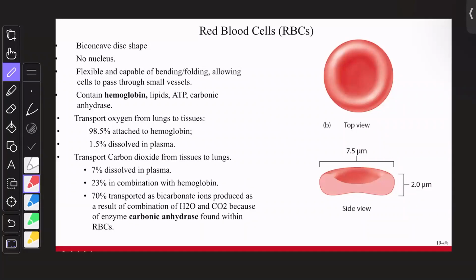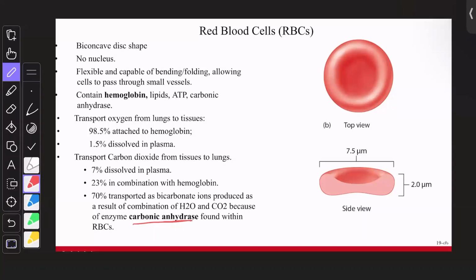Which means that we have to take that carbon dioxide and convert it into bicarbonate. We do that through a reaction that uses an enzyme, carbonic anhydrase. This allows us to combine carbon dioxide with water, and that is going to end up producing carbonic acid.